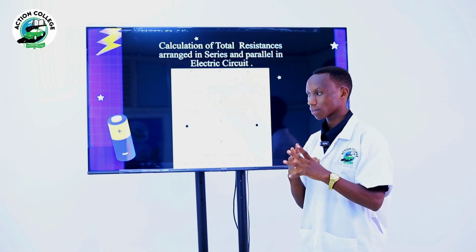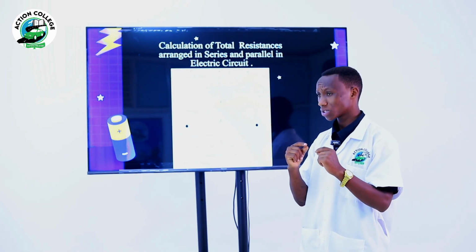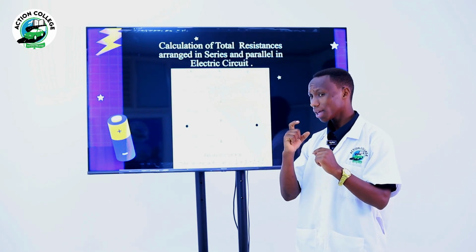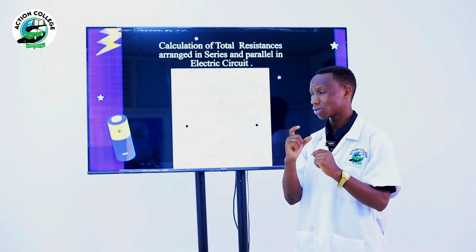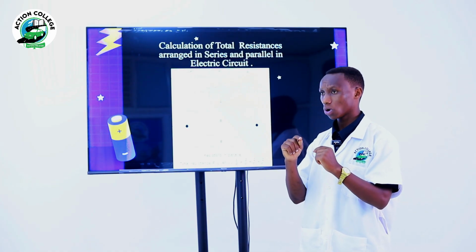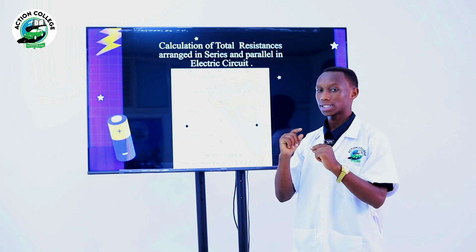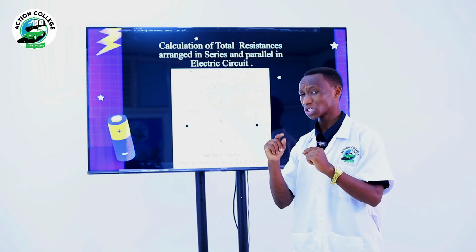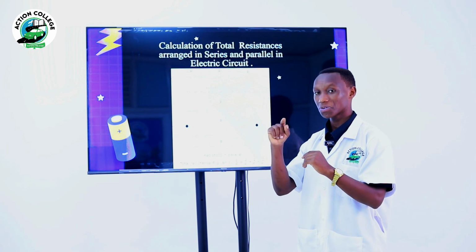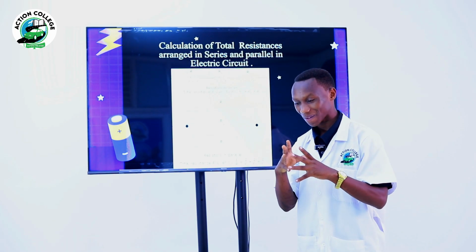For resistors connected in parallel, if you are asked to find the total resistance, the inverse of R total is equal to the summation of the inverses of all resistances. That means 1 over R total equals 1 over R1 plus 1 over R2 plus 1 over R3.